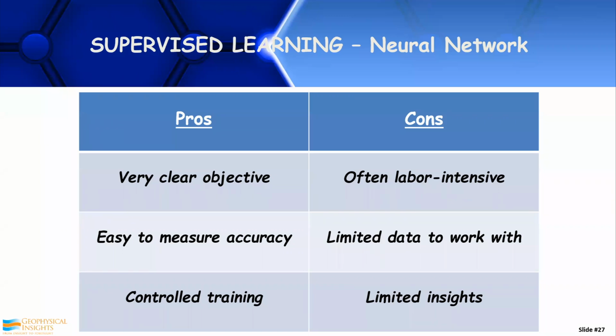The cons are it's very labor-intensive to generate the labels for your neural network, for your training images, and sometimes you have limited data to work with, and it yields limited insight. However, it's an excellent technique for automating mundane tasks for interpreters. So I'd like to show a couple examples of this.